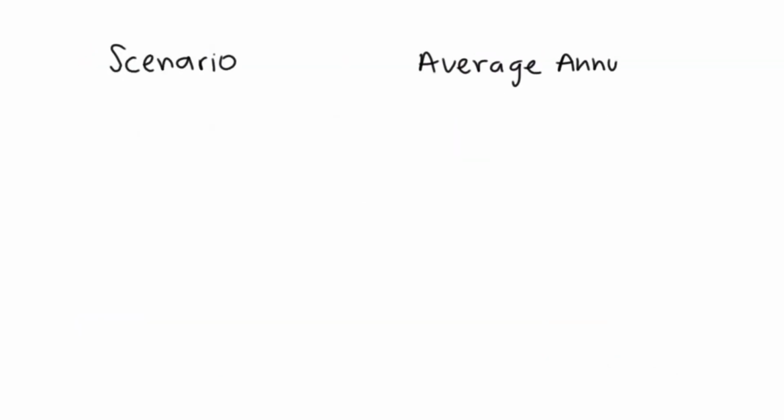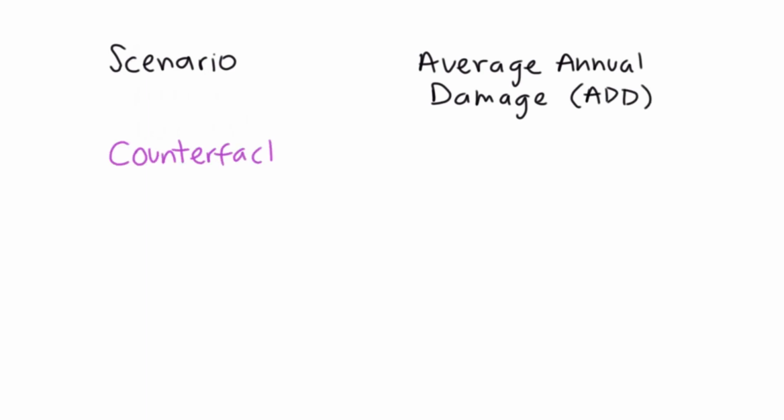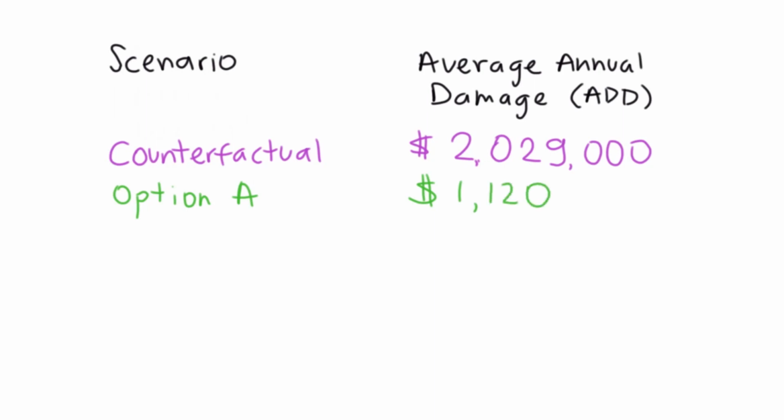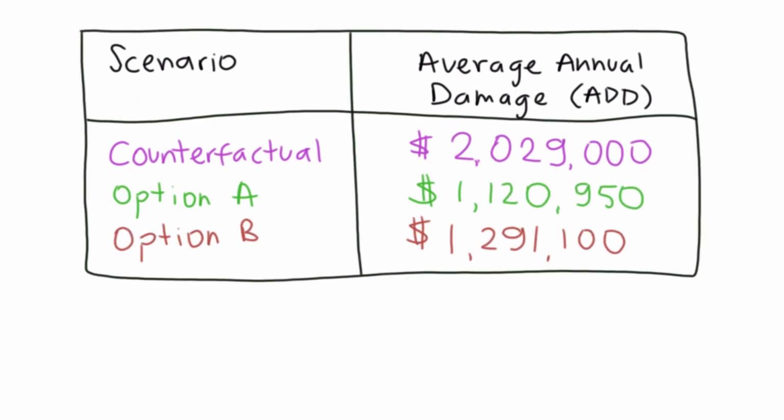Now that we know the average annual damage for all scenarios, the base case, the implementation of option A, and the implementation of option B, we can proceed to the estimation of benefits from the mitigation options. The benefits are simply the difference between losses for the base case scenario and the losses of the option that we're looking at.